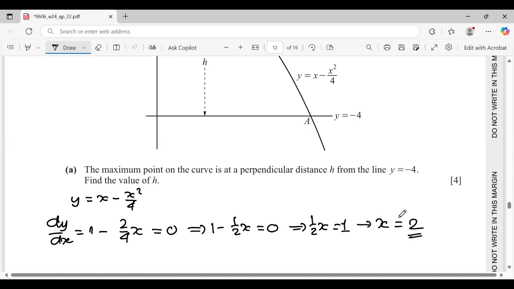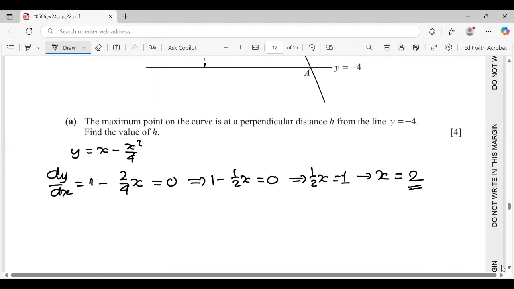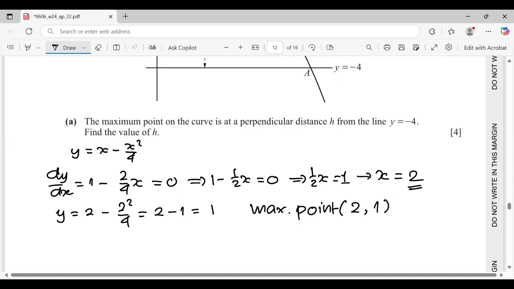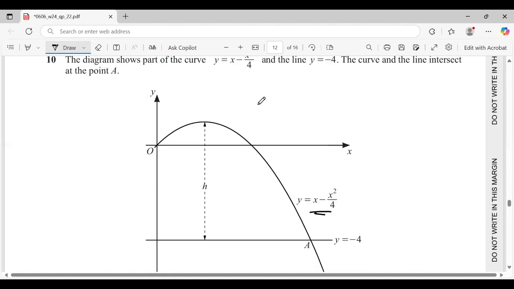After that, substitute x equals 2 into this function: y equals 2 minus 2 squared over 4, 2 minus 1, equals 1. So the maximum point is 2, comma 1.